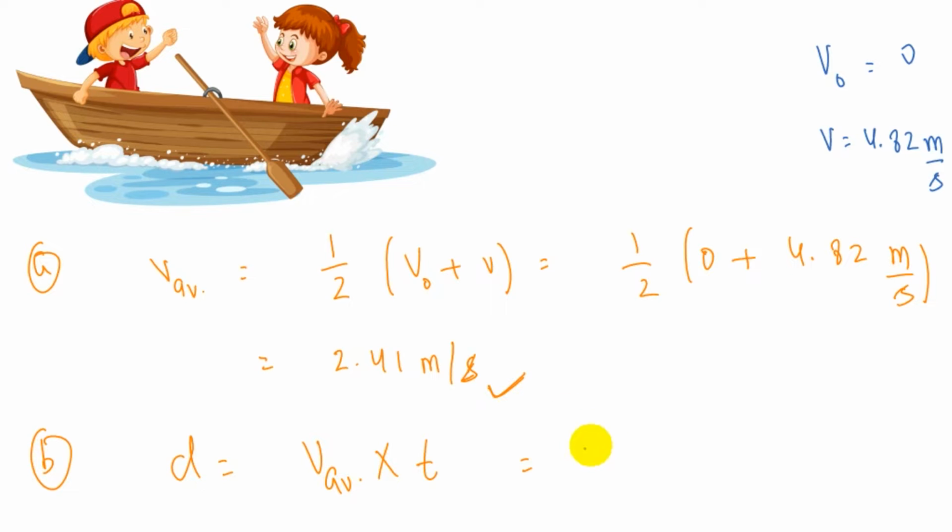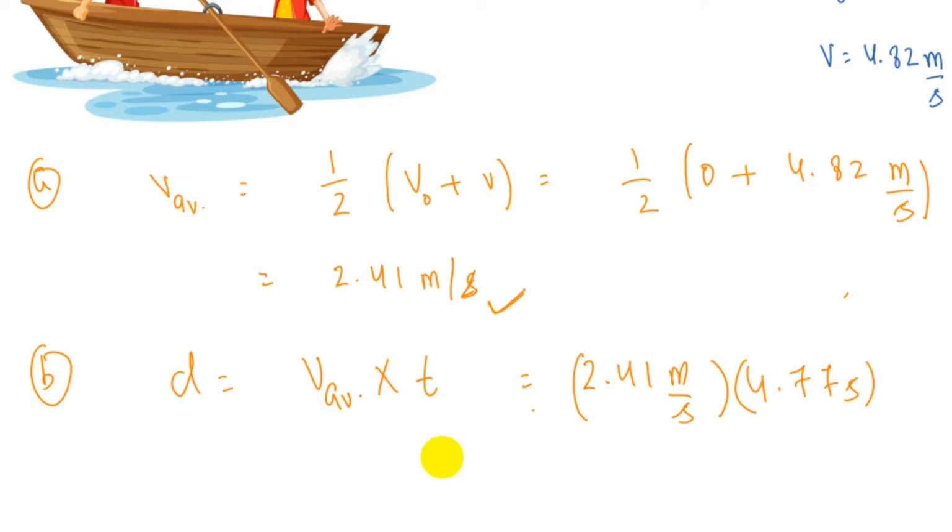So 2.41 meter per second multiplied by 4.77 seconds gives us the answer, 11.5 meter.